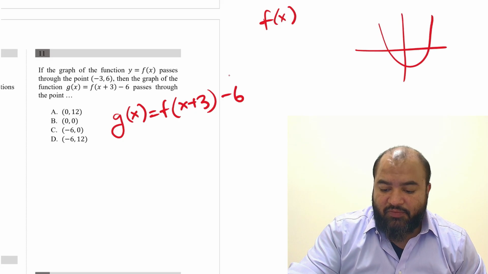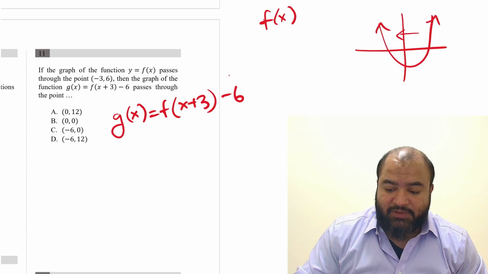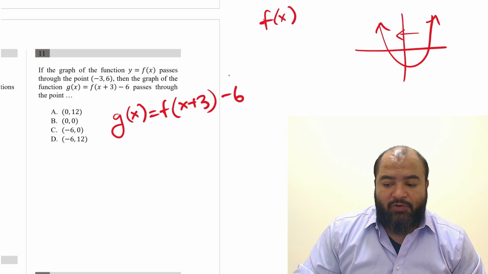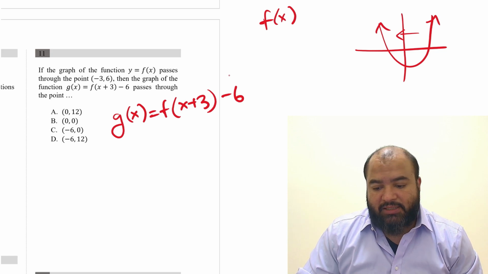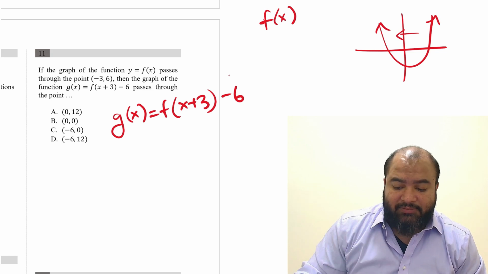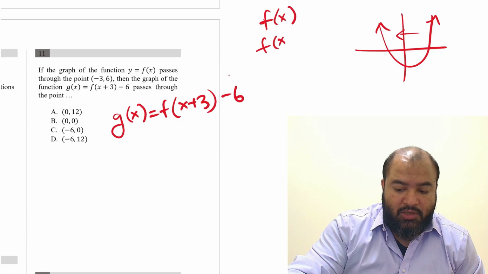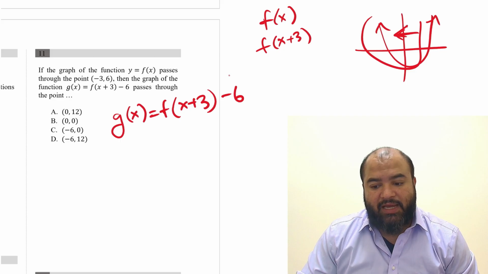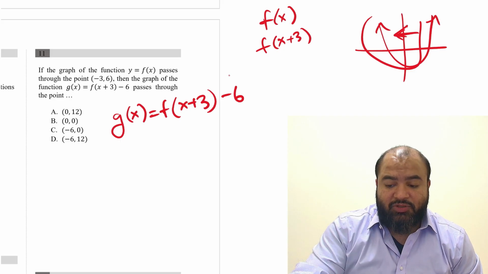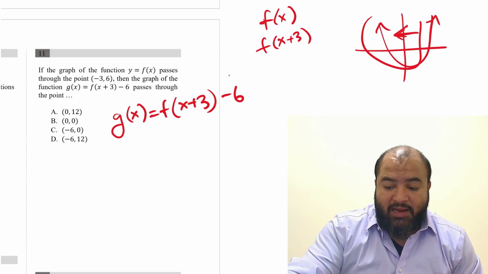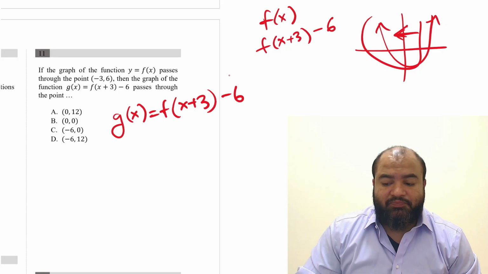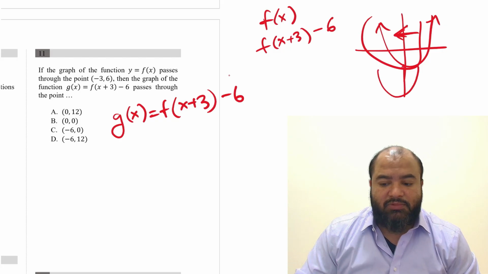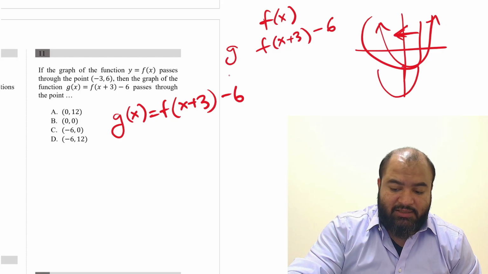If you want to move it 3 units to the right or 3 units to the left, for left and right, you have to add something or subtract something. So if you add 3 with the x, this one moves 3 units to the left. Whatever the f of x is, you move it 3 units to the left, and then minus 6 means you move it down 6 units. Translation, okay? So that's how they got the g of x.